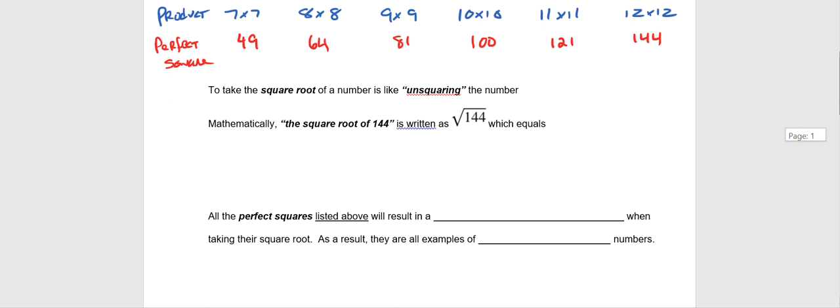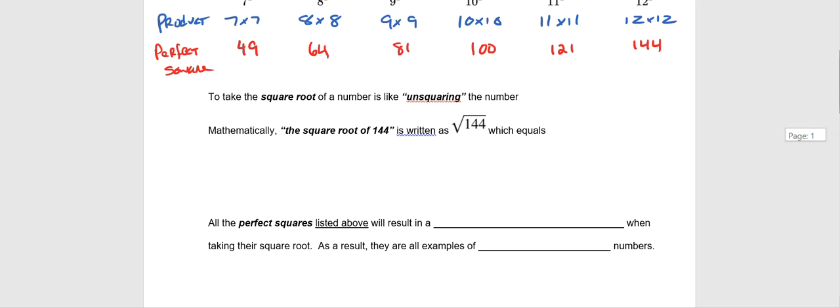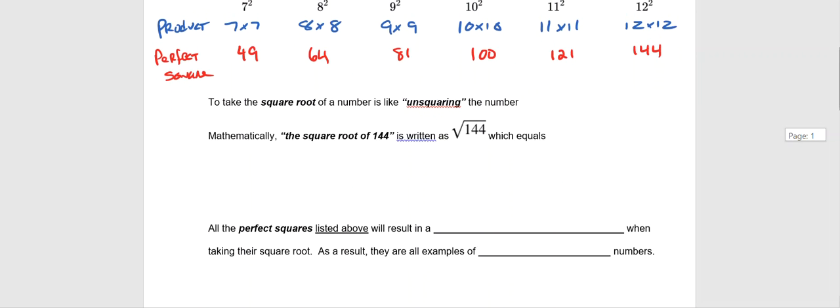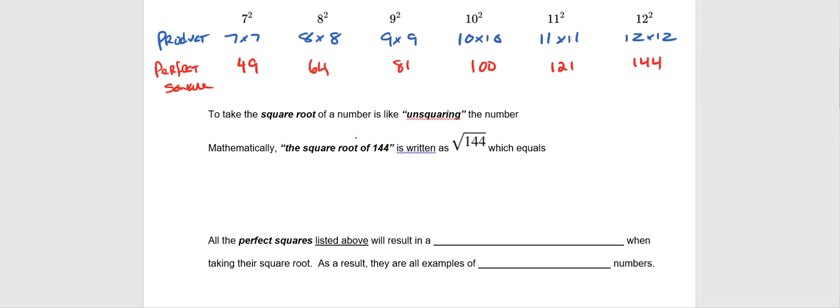What we want to do now is think about what the undoing of a perfect square is, or what the undoing of squaring something is. I'll say that informally as unsquaring, but the word we want to focus on is taking the square root. So that's going to basically have us working backwards.